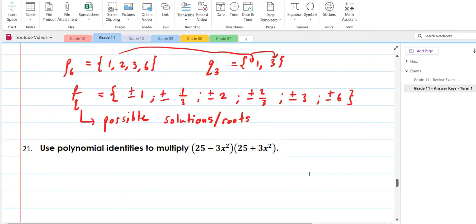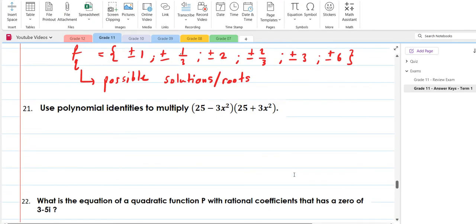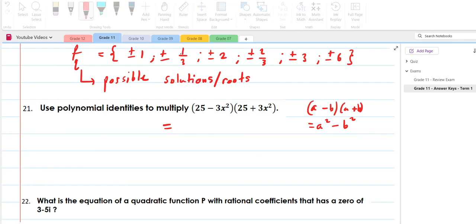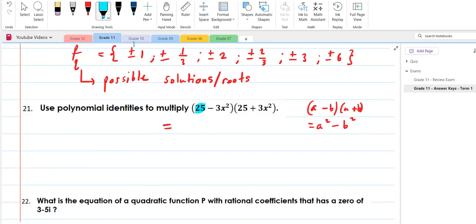Question number 21. Use polynomial identities to multiply. To multiply this out, remember we have one negative, one positive. When we have (a minus b) times (a plus b), it just becomes a squared minus b squared. Your a in this case is 25, and your b is minus 3x squared.